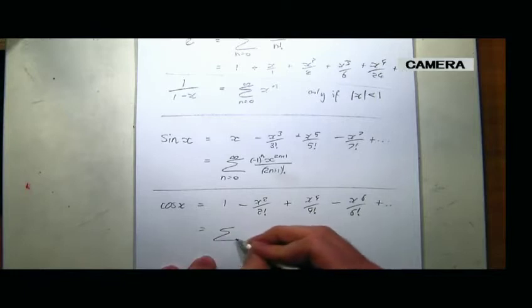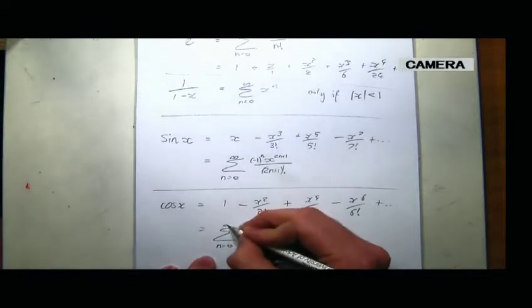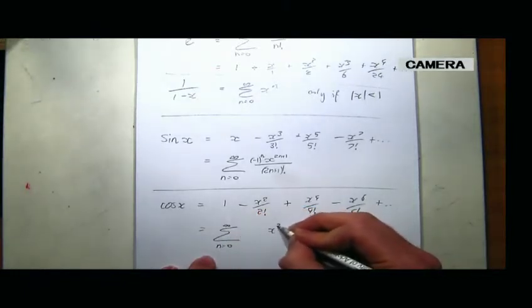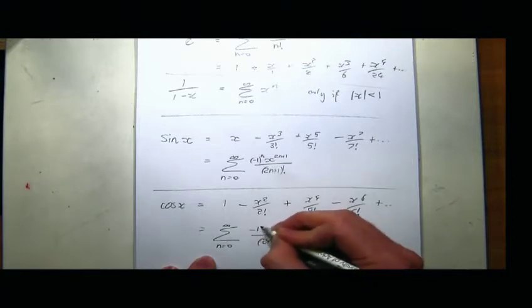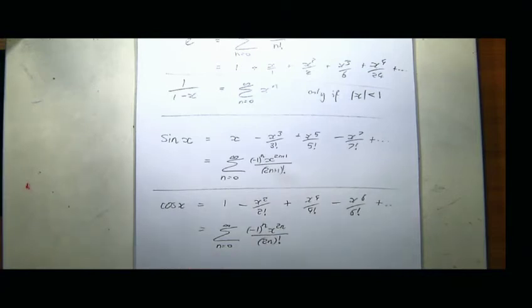Same as the way sine does. And so as an infinite series with a sum sign, it's only got the even powers, and it's got its minus 1 to the n as well.